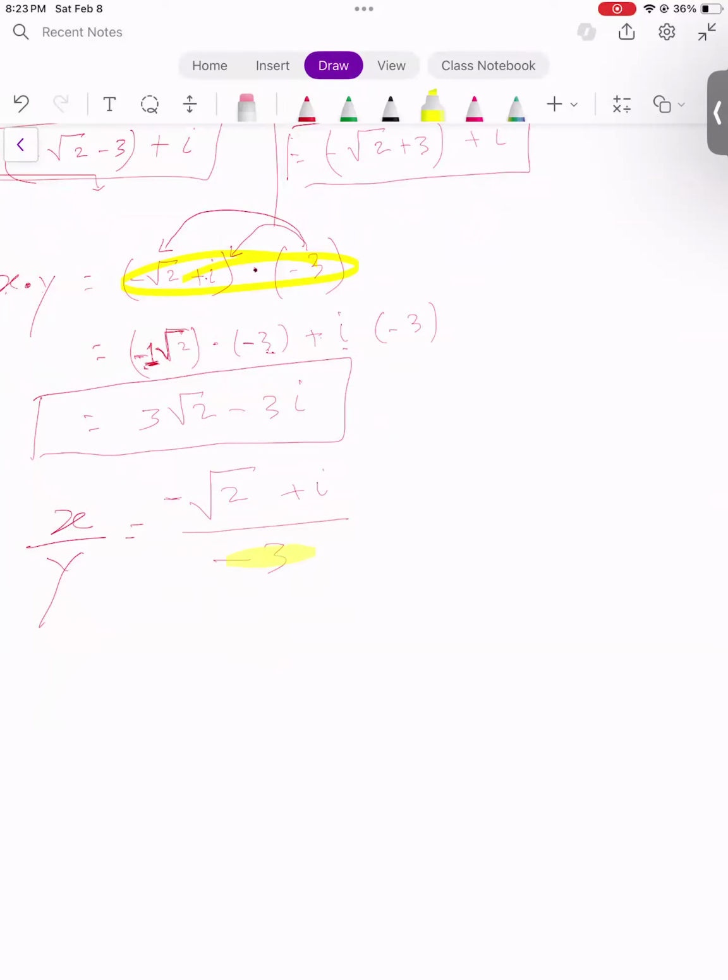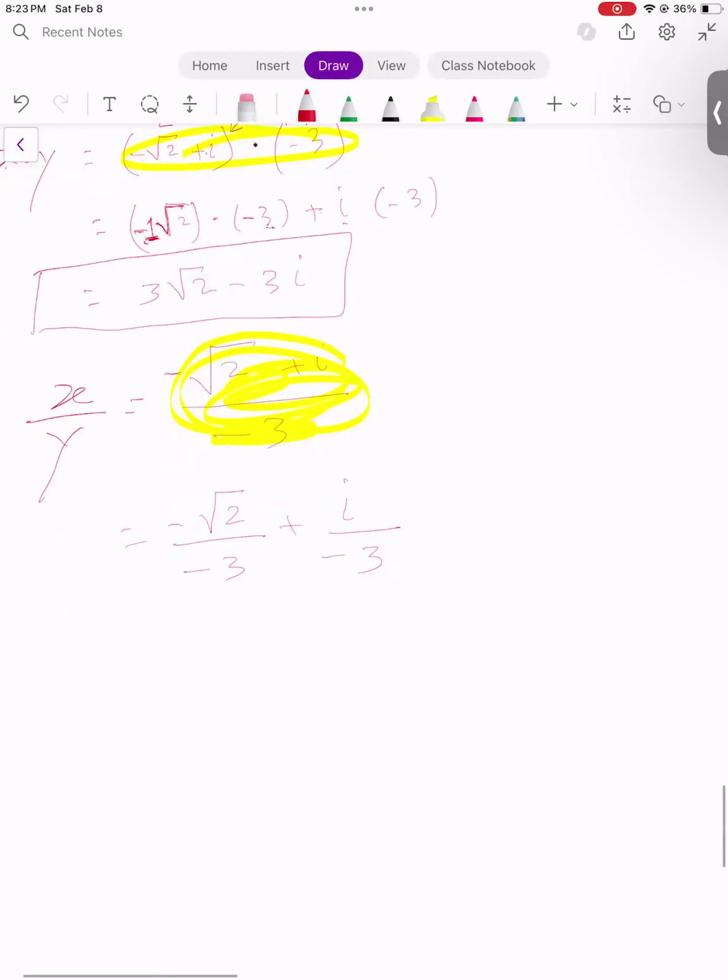Here we don't have one, so this is your final answer. You can separate this as negative root 2 divided by negative 3 plus i divided by negative 3. Negative negative cancel, so we have root 2 divided by 3, and positive times negative gives negative i over 3. Or you can just leave it here.